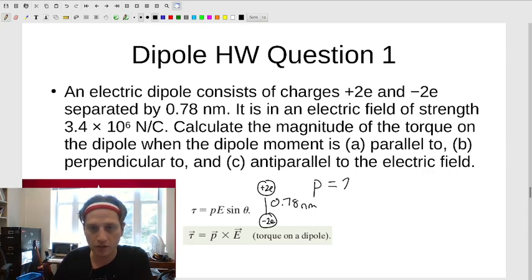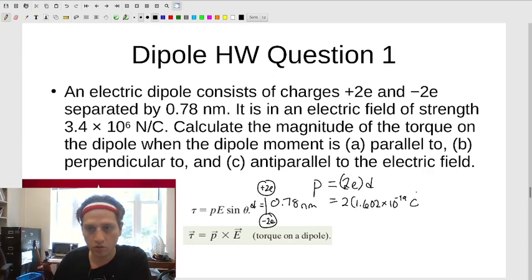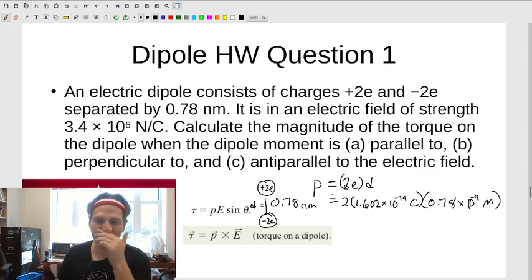It's going to be 2e, that's going to be my q, times this d. So that would be 2 times 1.602 times 10 to the minus 19th coulombs times the d, which is 0.78 times 10 to the minus 9th meters. Okay, so you can get a number out of that.